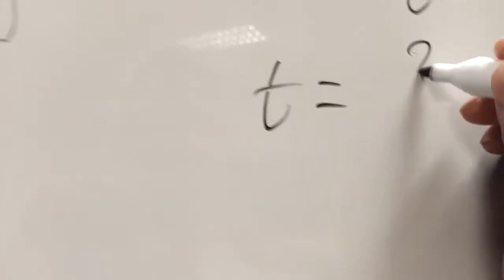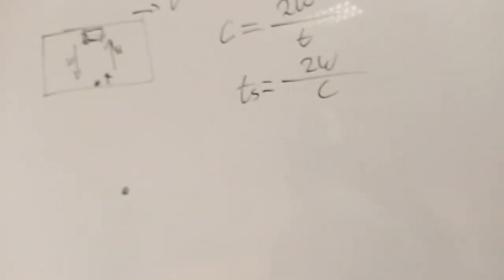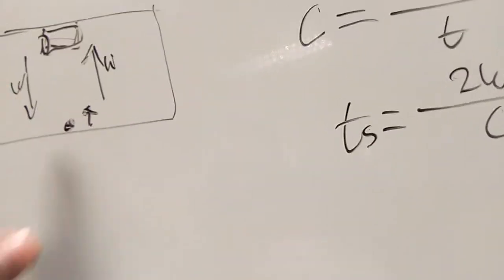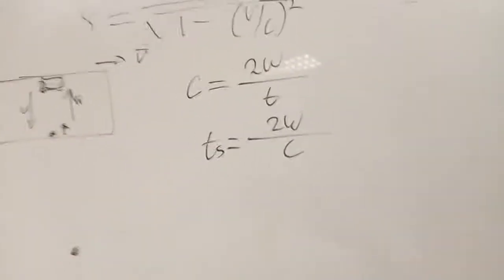The time is given by the distance divided by the speed, 2w divided by c. T sub s is equal to 2w divided by c. That's what this person measures as the time taken for the light beam to go forth and back.